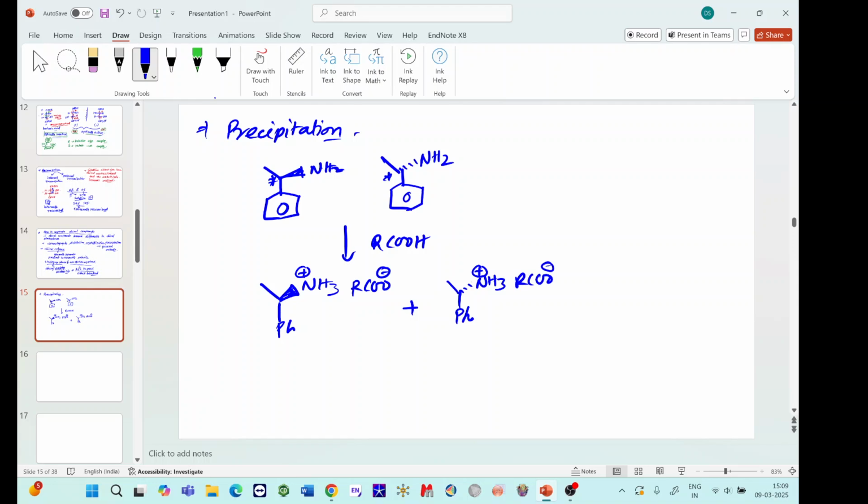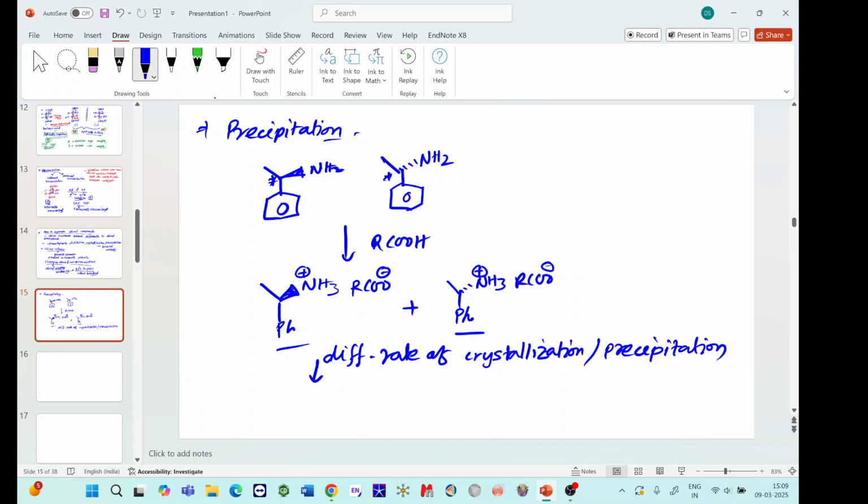But these two have different rates of crystallization or precipitation.